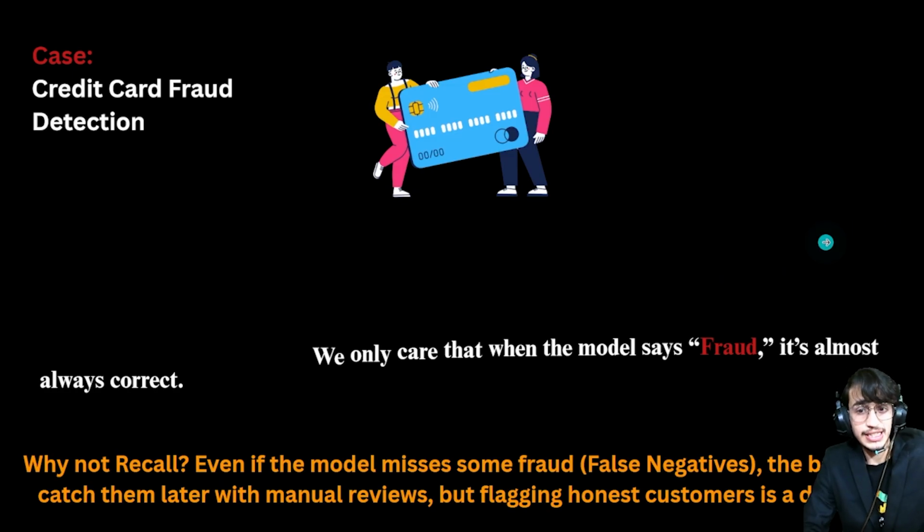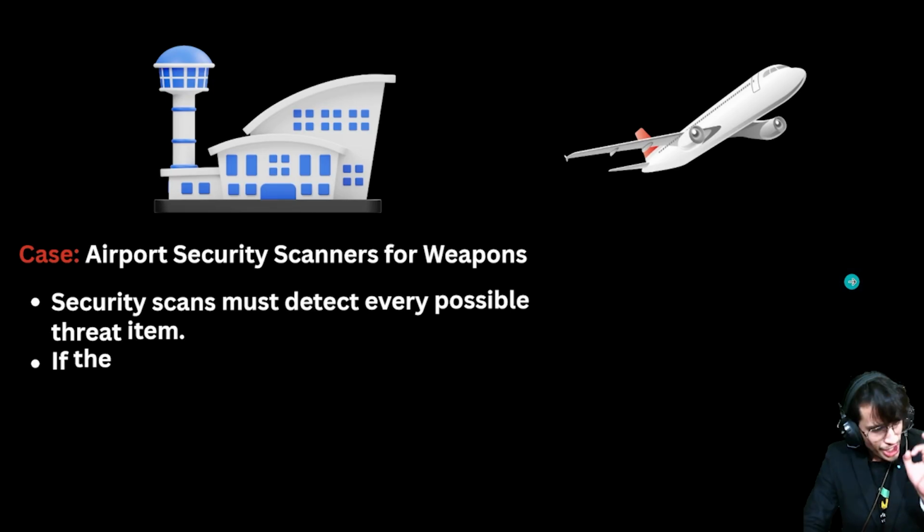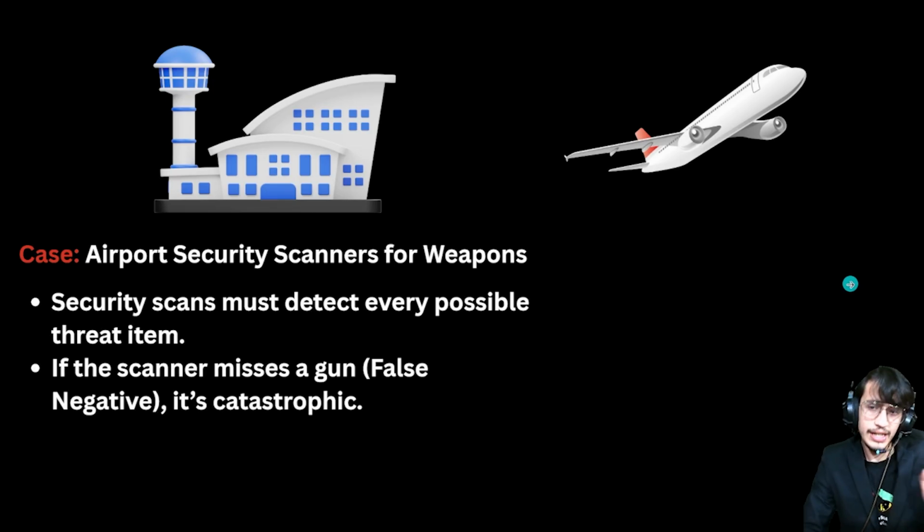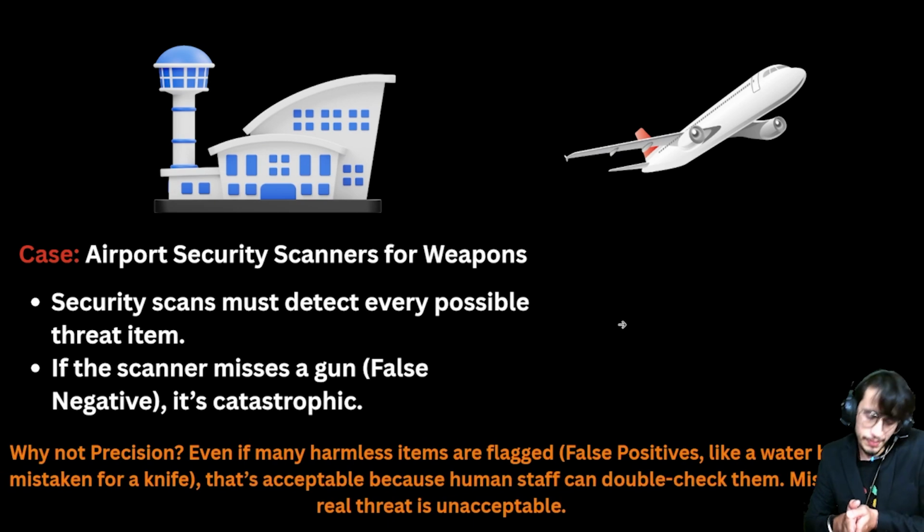But if our focus is purely to catch the positive part, then we will use recall, like in an airport security scanner for weapons. A security scan must detect every possible threat item. If a person is going and he does not have a weapon, but our system says that he has a weapon, then we will check him and find it was a false alarm, and he's ready to go.